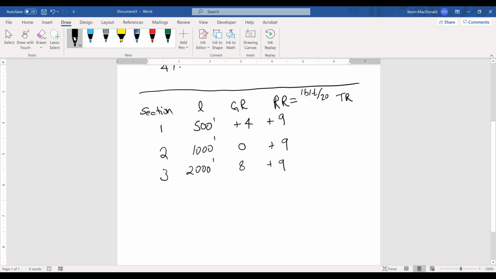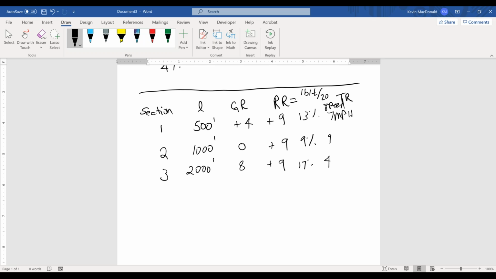We have our total resistance at 13%, 9%, 17%, and this gives us our speed. Our speed in this section was 7 miles per hour, in this section was 9 miles per hour, and in this section was 4 miles per hour.